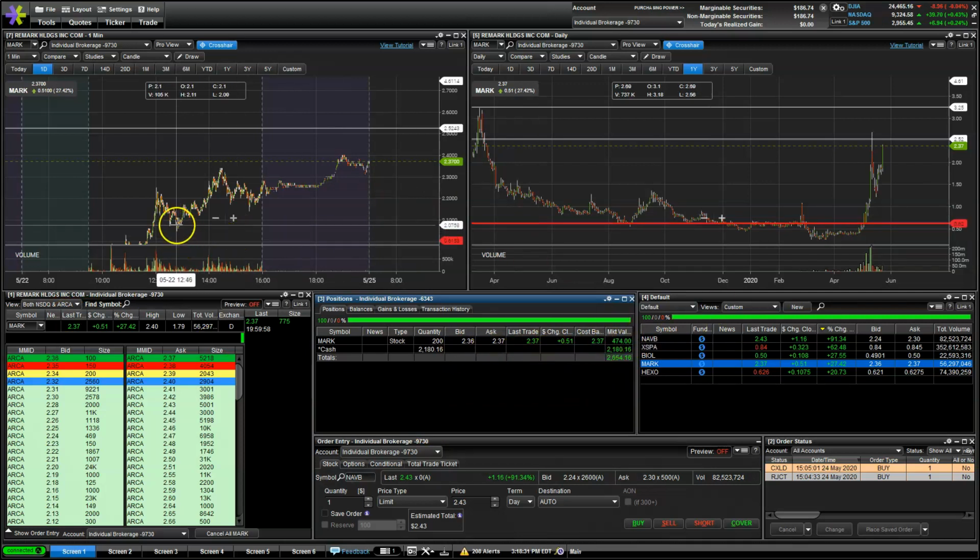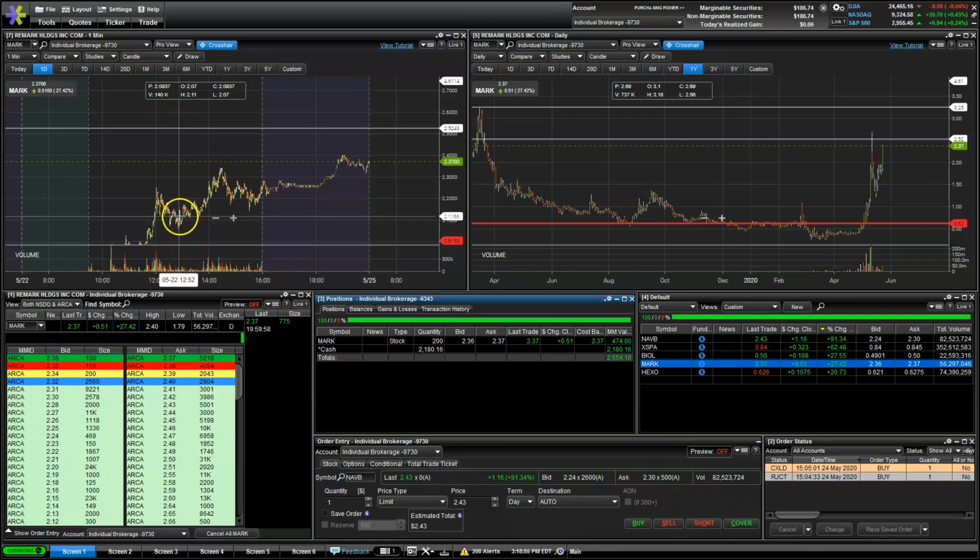And then again, say if you were getting into Mark right around here, you think, okay, I think you can keep going up, but it doesn't. Honestly, this would be a bad entry in my opinion anyways. Right here would have been the best entry. Former resistance becomes support.